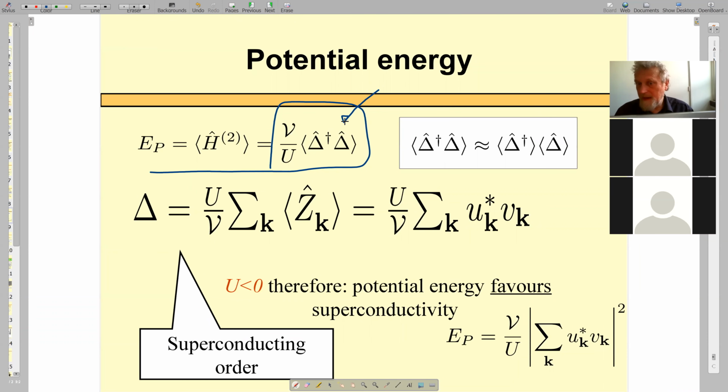So I apply that here. I can say the fluctuations of this delta are small, and I can restrict myself to evaluation of a single delta only.